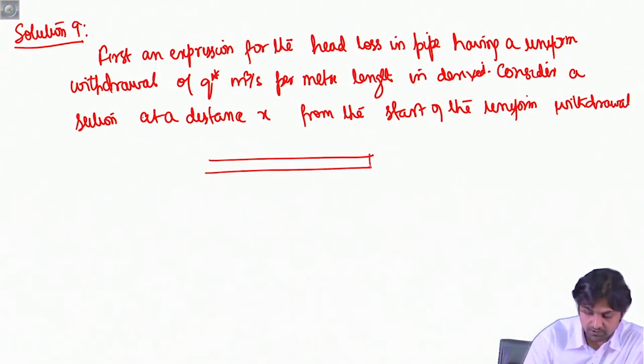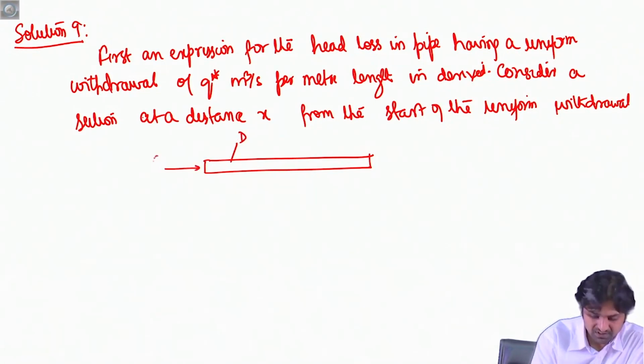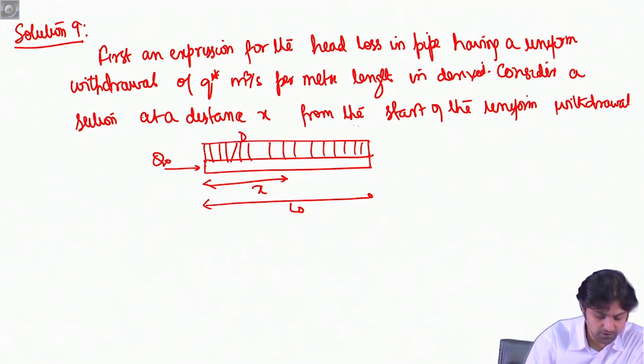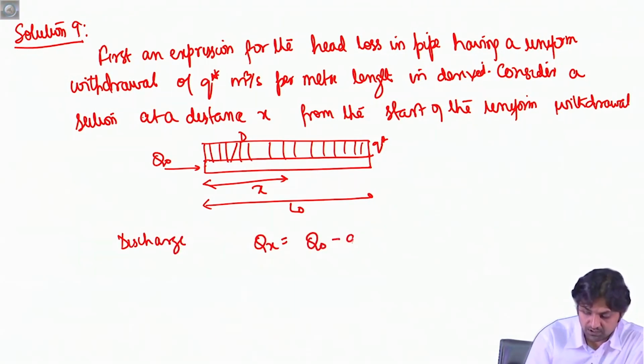So, this is a pipe, this diameter is d and we have Q naught, and from here we assume a distance x, okay, and this distance is L naught. All right, and the withdrawal is uniform, that is Q star. So, discharge at x will be Q naught minus Q star into x, right.